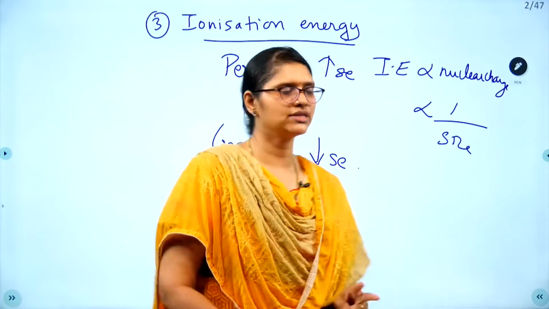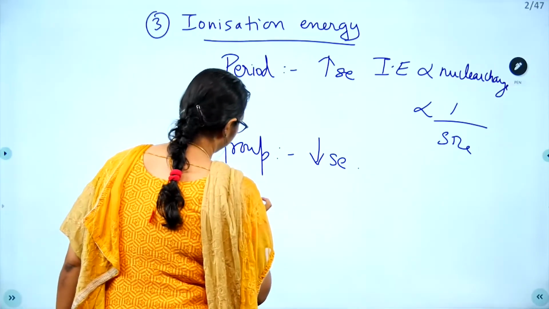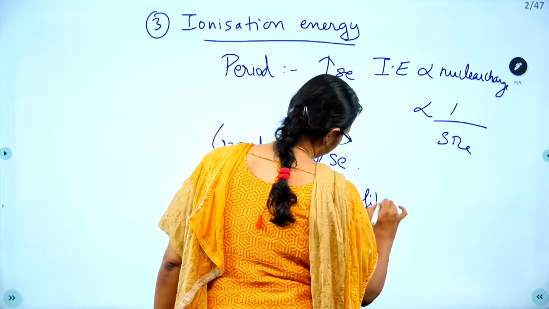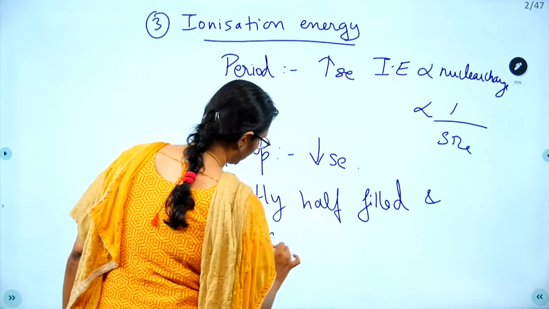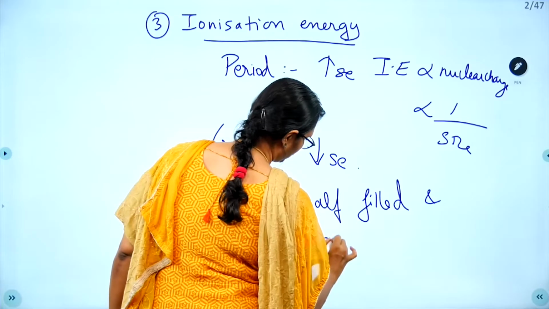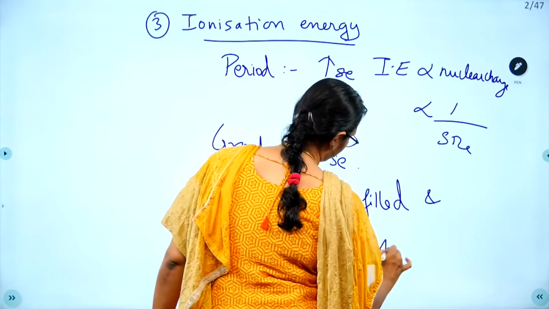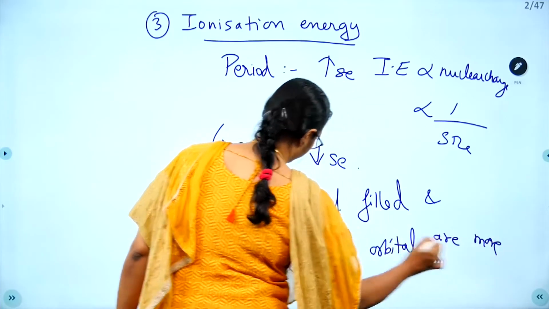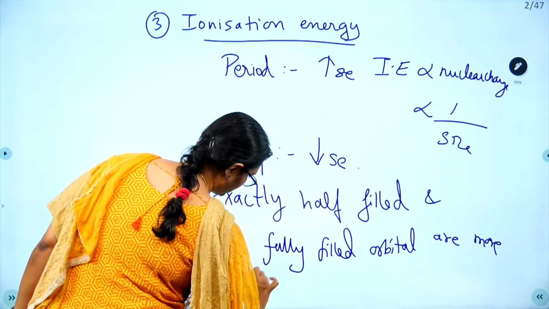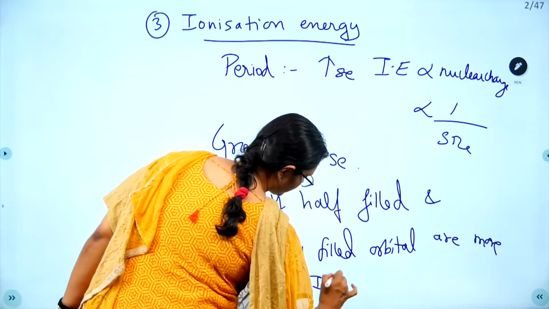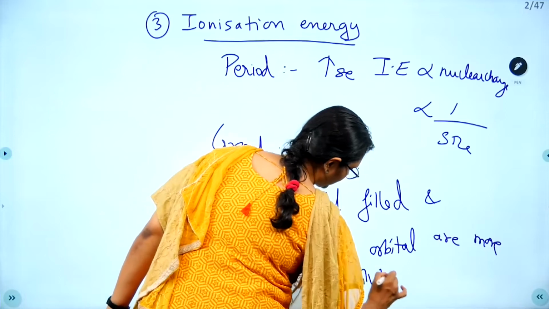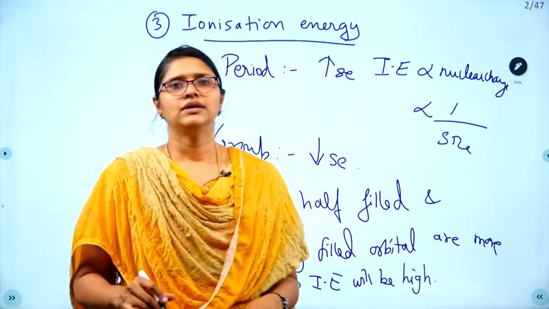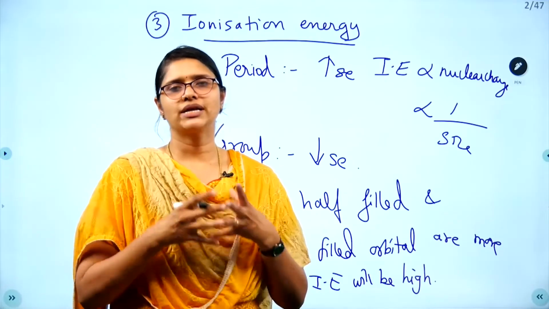So two points: exactly half-filled and fully filled configurations are more stable, so the ionization energy will be high.